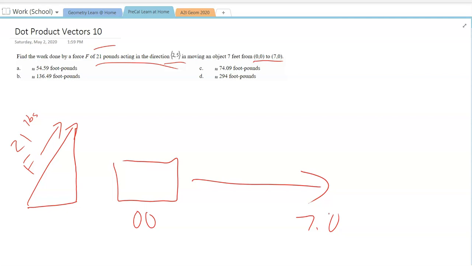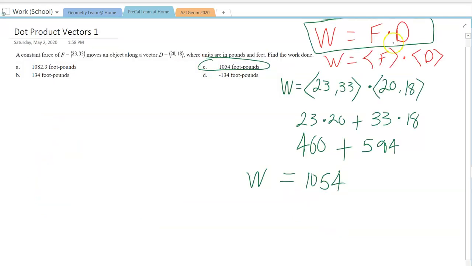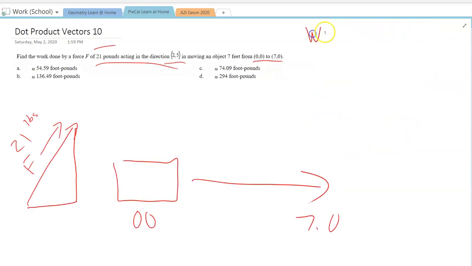Although we're lifting it up and pushing it forward, we want to know how much work, as a quantity, is done. We need a vector to represent this. And we know from the very first question that work equals force times distance, and we can do that as dot products as well.